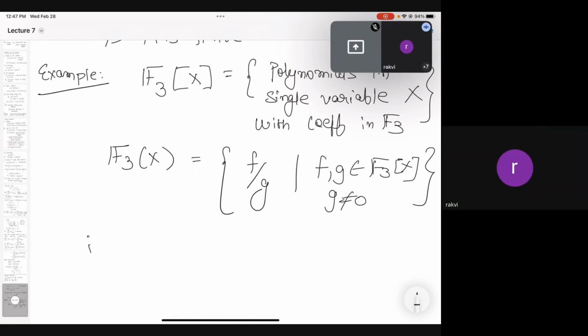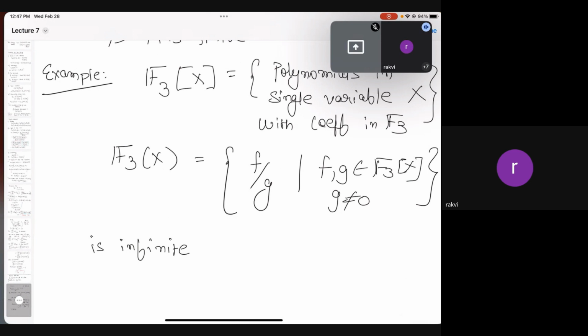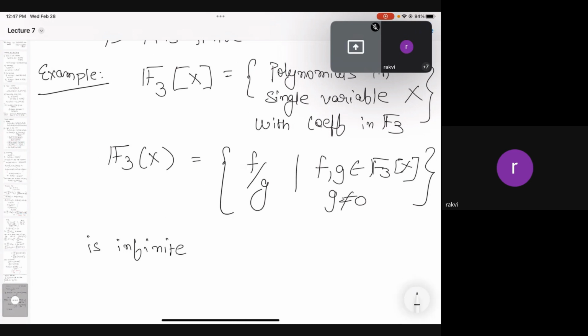This is infinite simply because we can look at all these polynomials: 1, x, x squared, x cubed. These are different polynomials because we only say two polynomials are equal if their degrees and their coefficients are equal.